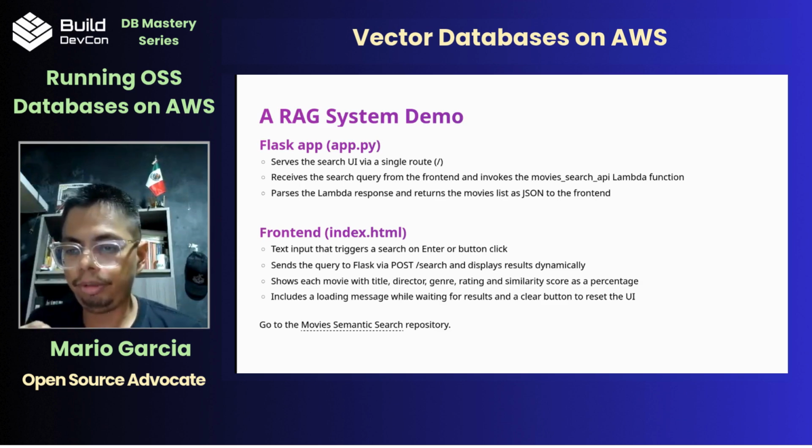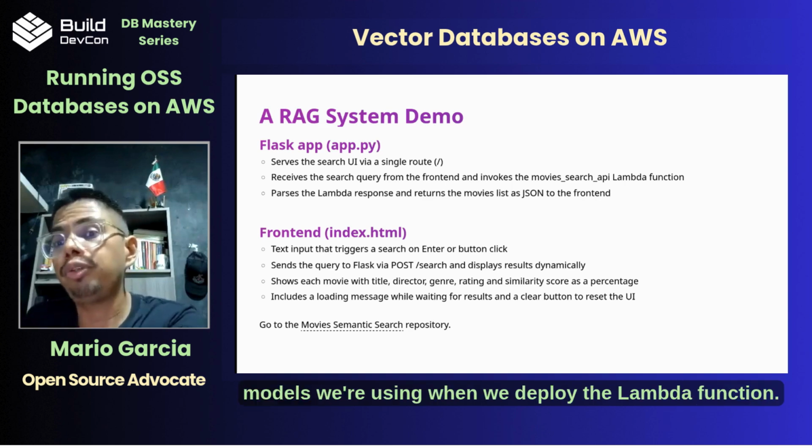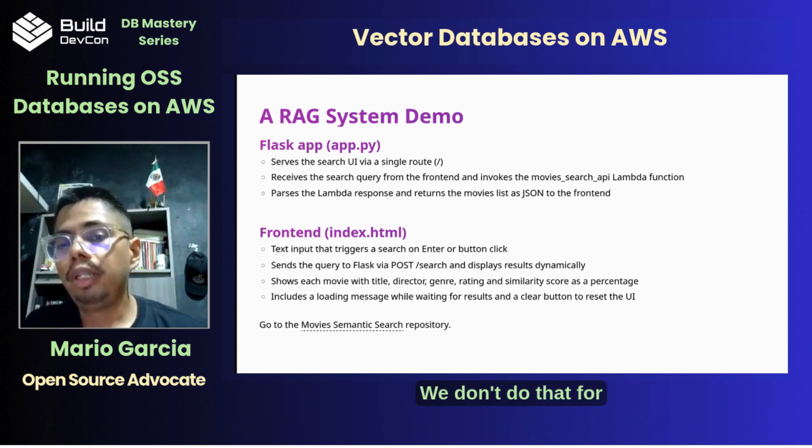So if we're going to use any model provided through Ollama, we need to include the models we're using when we deploy the Lambda function.